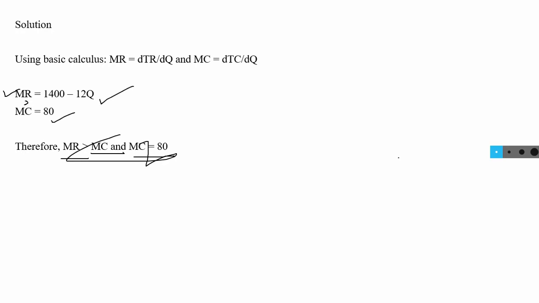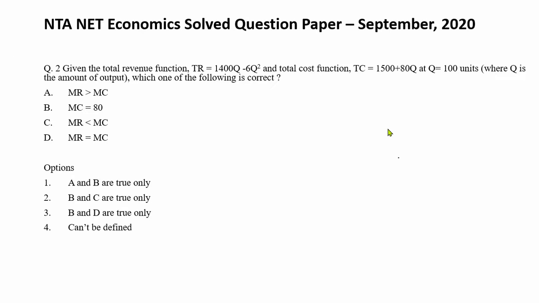So now what we can do is we can easily find which of the options were correct. So when we are here, we can see that the first option is correct, right? Because marginal revenue is greater than marginal cost, and the second option, that is marginal cost, is equal to 80. So from the options, we have number 1 as correct, right?